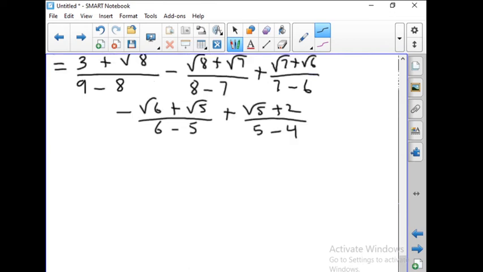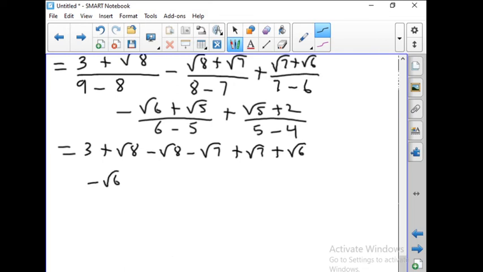Okay. So now what is this? See, all denominators are only 1: 9 minus 8, 8 minus 7, 7 minus 6, everything is 1. So we have just 3 plus root 8, then minus of, so it becomes minus root 8 minus root 7, then plus root 7 plus root 6, then here also minus of, so we have minus root 6 minus root 5, and plus root 5 plus 2.